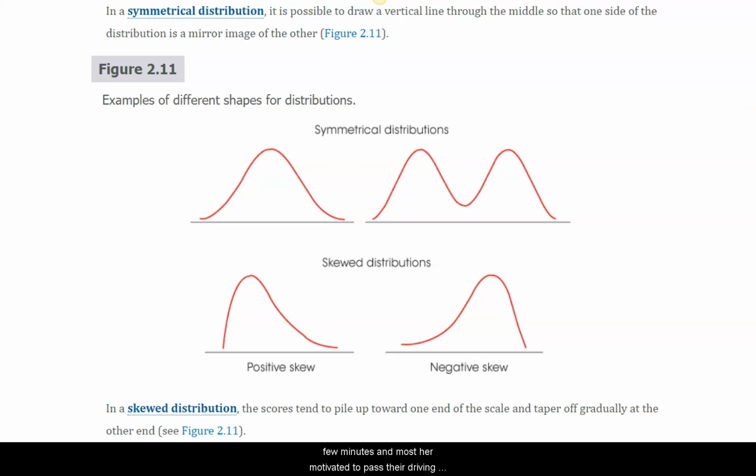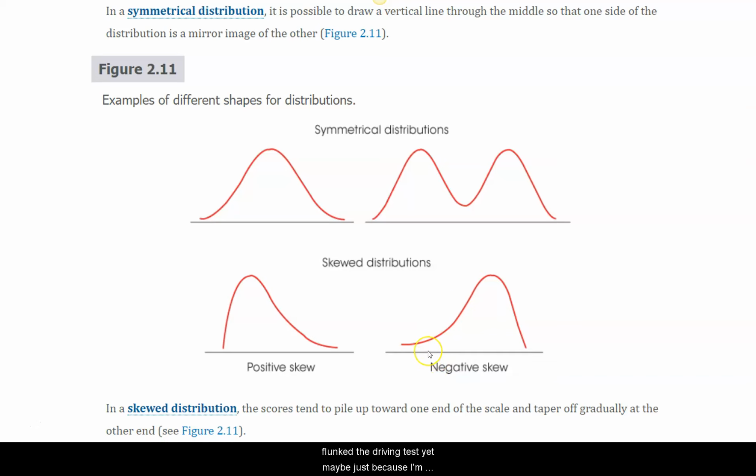And most are motivated to pass their driving test. And I would imagine, although I've never seen the statistics on this, I imagine the great majority of test takers have pretty high scores on their driving test. I would just assume that that's true, because they're so strongly motivated to get that driving license.